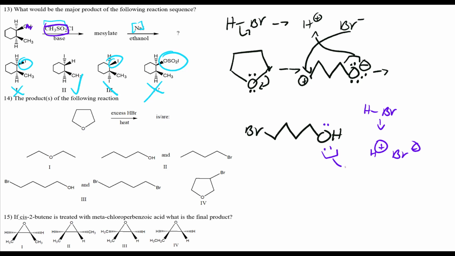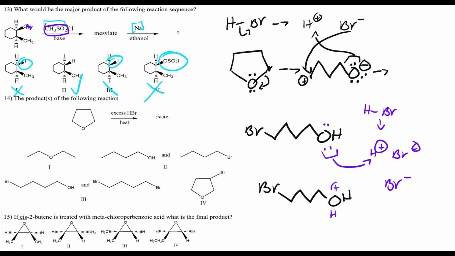Okay, so it could take this hydrogen and it could become water, right? So it could cleave off, but I'll show you. So let's see, 1, 2, 3, 4, and then water. Okay, so water, and then we have a bromine.